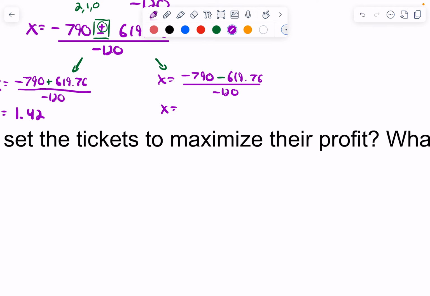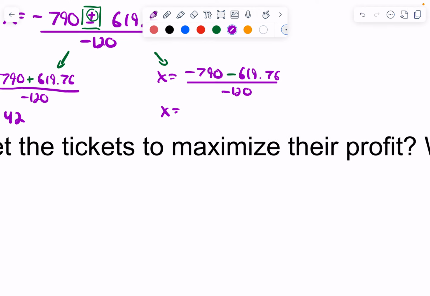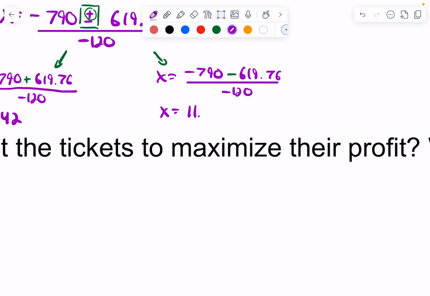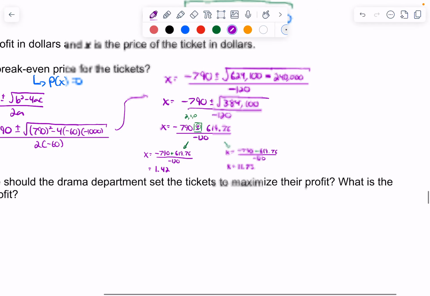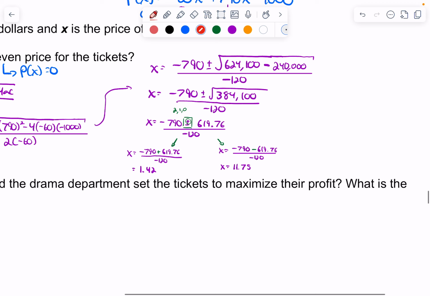Divide that by negative 120, and you get 11.75. So what does that mean? These are solutions, these are your x-intercepts. Actually, I should write x equals.